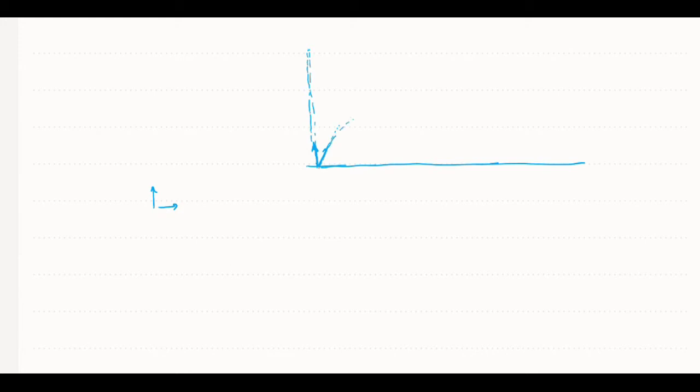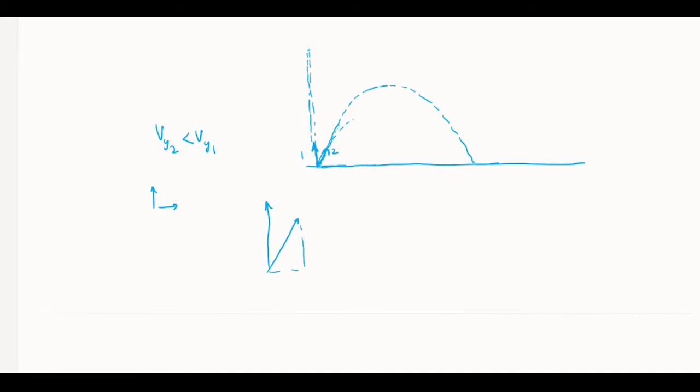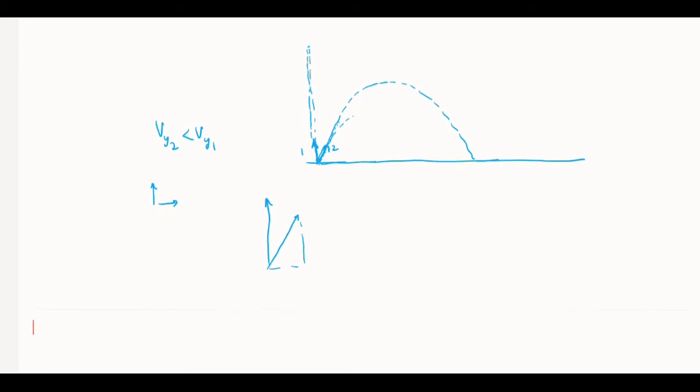But the y component is small in case number 2, so the Vy for 2 is less than Vy for 1, because V1 was like that, V2 is the same length, so it has a smaller y component, and so it's going to go less high, to some height and then fall down. Now if we make the angle even smaller, the x component gets bigger.